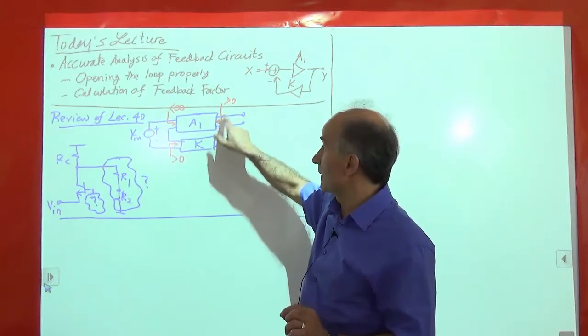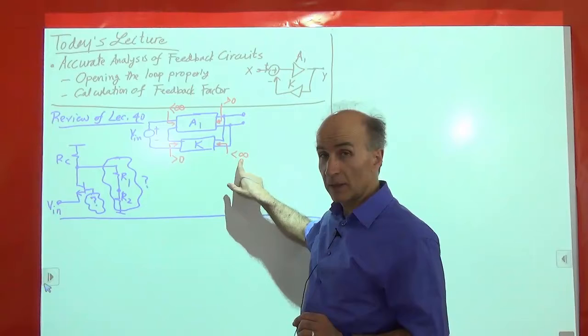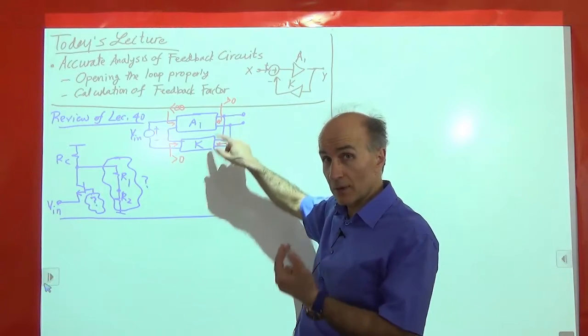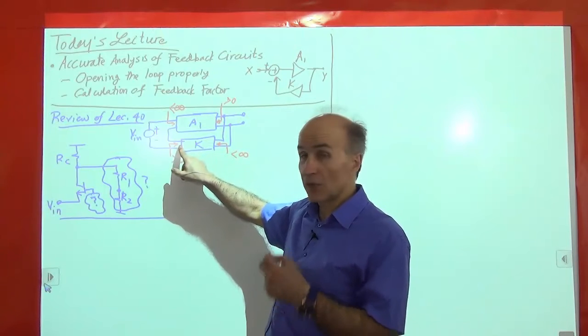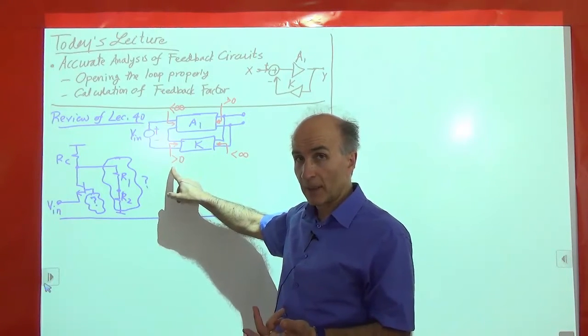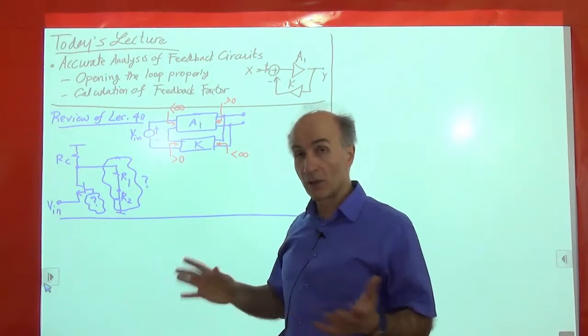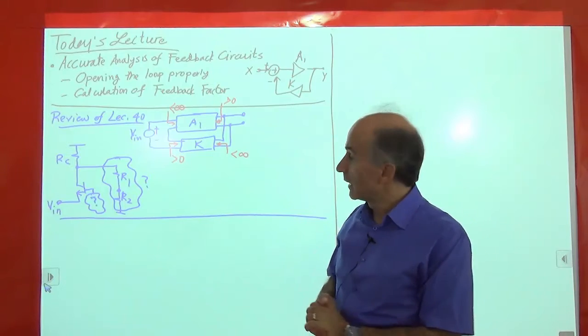The output impedance to be 0 because it wants to generate the voltage. This input impedance should be infinity because this wants to sense the voltage, and eventually this wants to generate the voltage also, so its output impedance should be 0. But all of these are not true, so that's where we see problems.